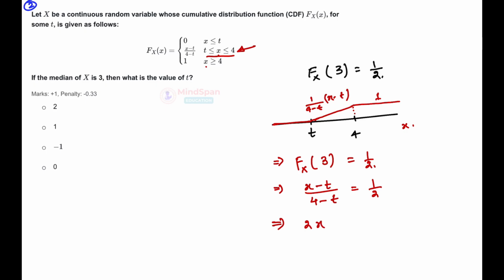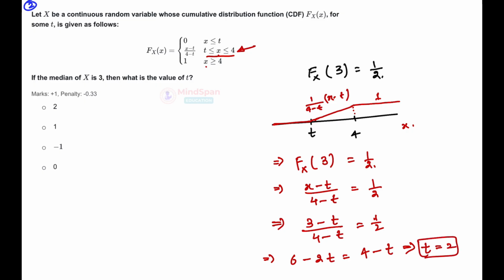We can directly put the value of x. So (3 minus t) divided by (4 minus t) is equal to half. 6 minus 2t is equal to 4 minus t. So from here t is equal to 6 minus 4, which is 2, right? So t equals 2 is the correct answer for this question.